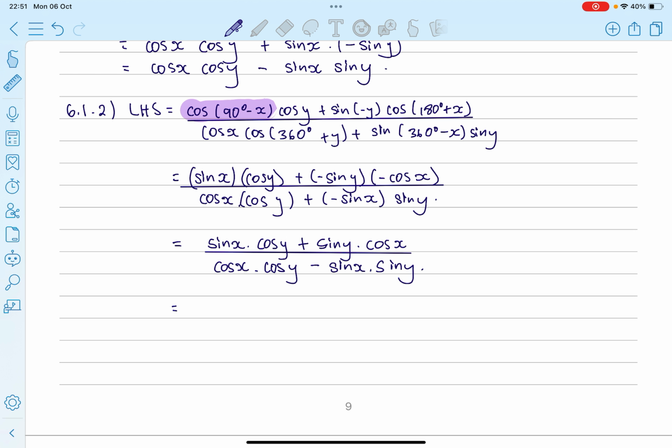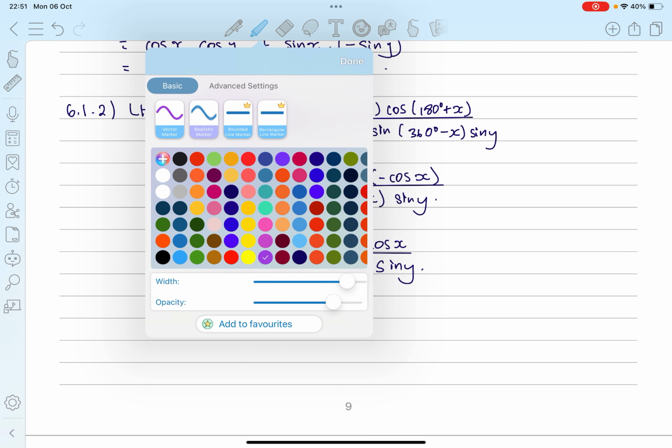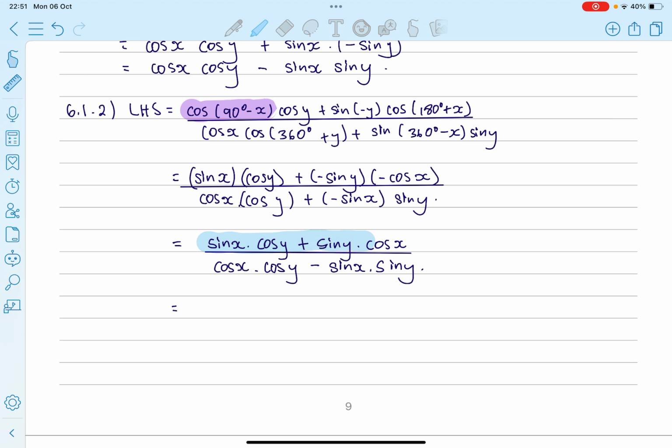So now we can recognize the compound angle identities that are present. This first one, let me make it light blue. This is the compound angle for sine x plus y identity. And the bottom one, we've already seen it in question 6.1.1. This is the one for cos x plus y.